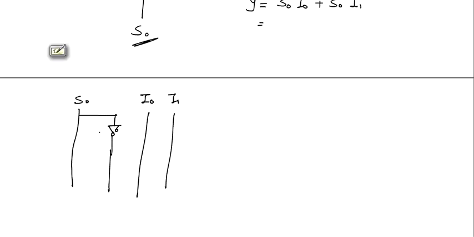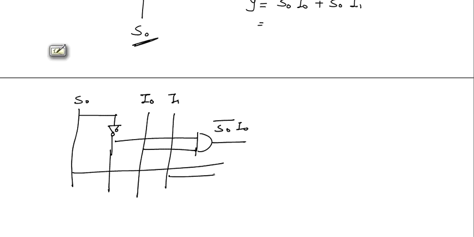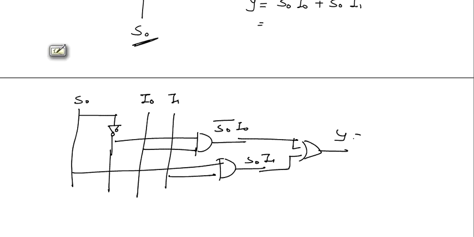Output Y will be S0 bar into I0, and S0 into I1. This will be passed through an OR gate. This will be the final output Y equal to S0 bar into I0 plus S0 into I1. This will be the final output of this multiplexer.